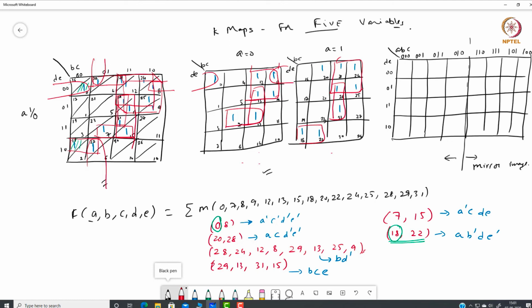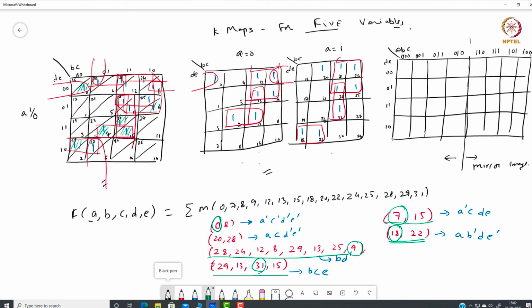Now we see 9 is covered by only one, so this is also an essential prime implicant. 29, 31: here 7 is also covered by only one implicant, so this is also an essential prime implicant. 15 is covered by 2 prime implicants actually, but 31 is covered by only 1 implicant, so that makes this also an essential prime implicant.